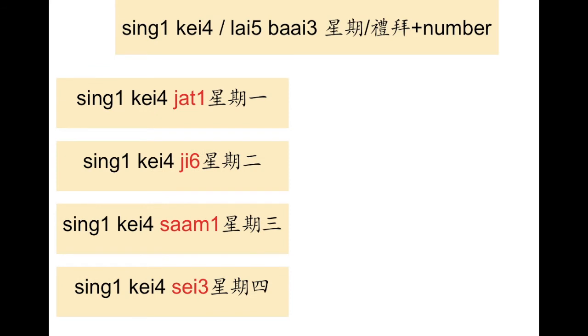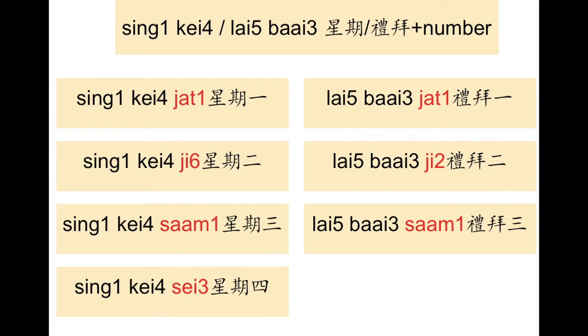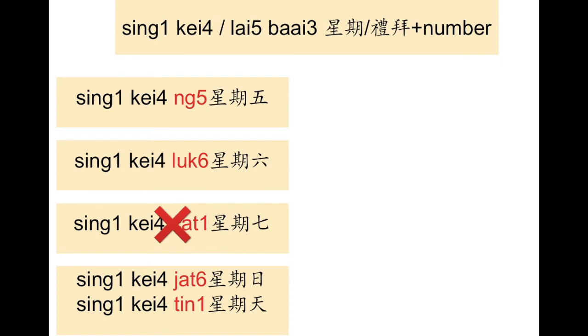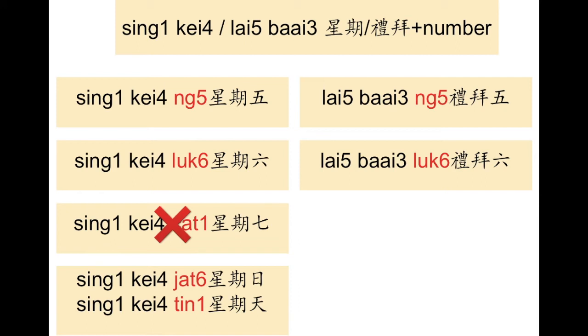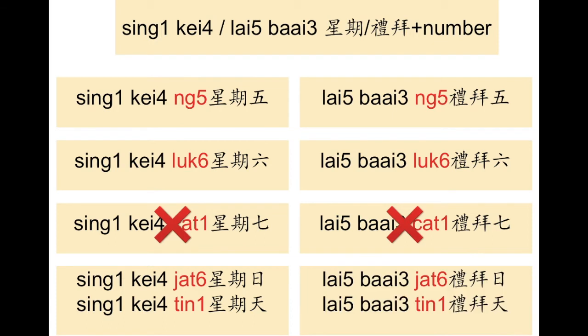For Monday, you can also say 禮拜一, 禮拜二, 禮拜三, 禮拜四, 禮拜五, 禮拜六. 禮拜七 is not correct, as I said before. So you can say 禮拜日 or 禮拜天.